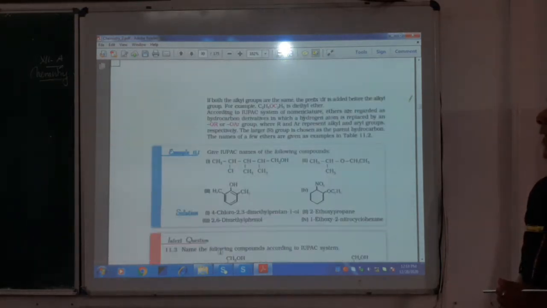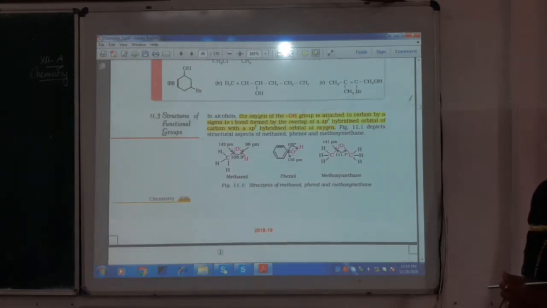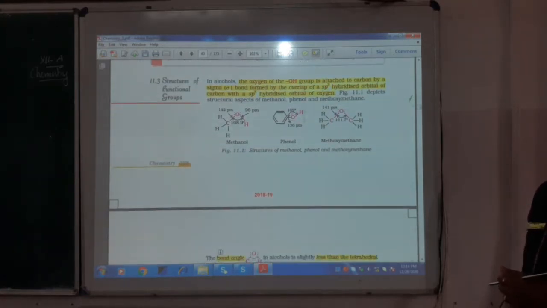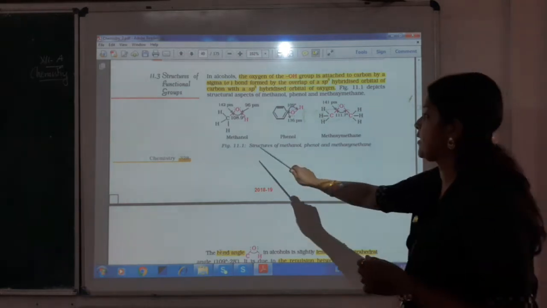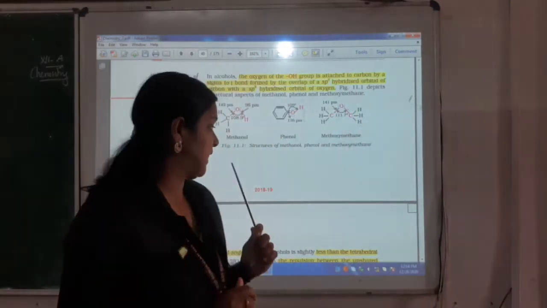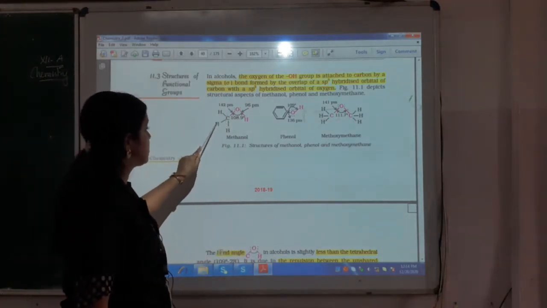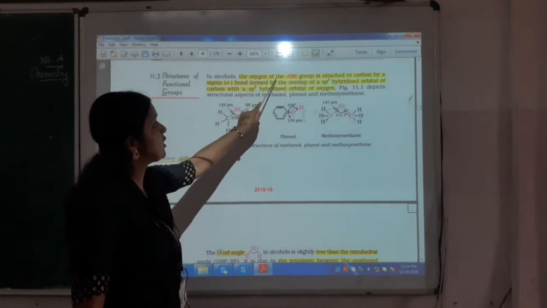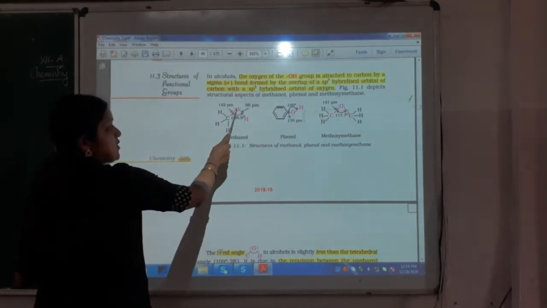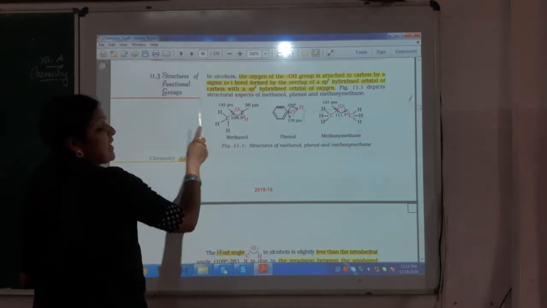So now we'll get back into the structure, which is the most important. When I compare the three structures, alcohol, phenol and ether, what do we observe is, in alcohol CH3OH, the oxygen of the OH bond is attached to the carbon by a sigma bond.